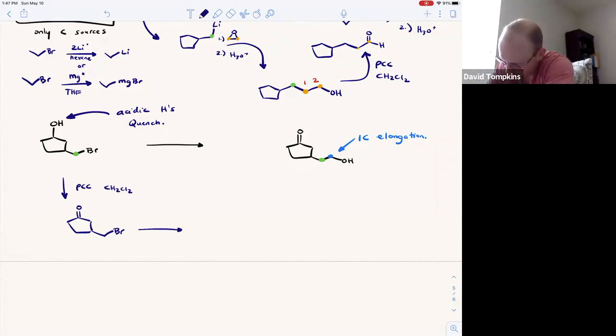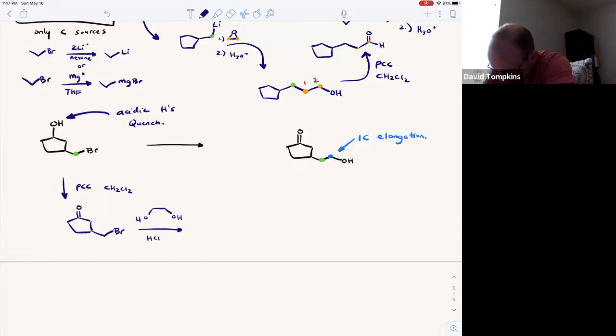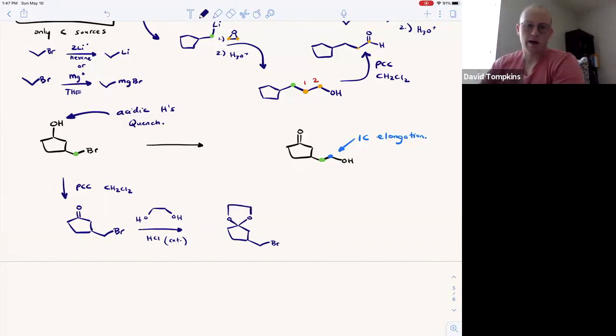Once it's a ketone, you can then use any alcohol, but specifically a diol like ethylene glycol or propylene glycol, with catalytic strong acid to allow for a ketal protecting group to form. For more information on this, you should see my video on condensation reactions of aldehydes and ketones, where we generate acetals and ketals.